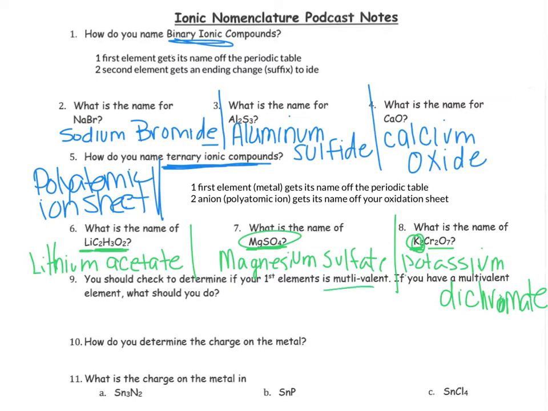Now, if you have a multivalent, also known as the transition metals, everybody in the middle of the periodic table, those guys, they have multiple charges, right? And they have Roman numerals that show you what their charge is supposed to be.